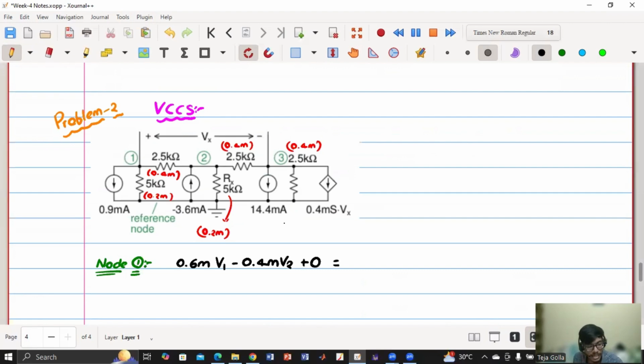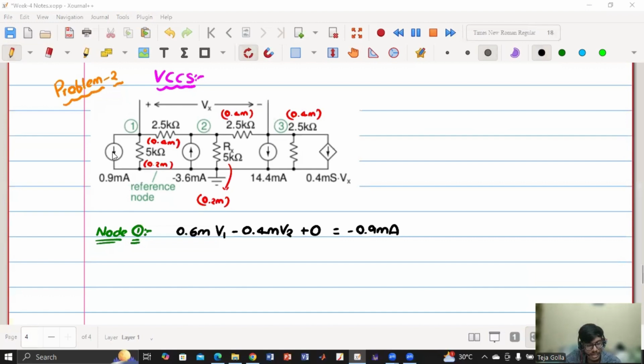How much is the current that is entering node 1? Minus 0.9. Yes, it is minus 0.9 milliampere. You are right, but there is a minus sign because this is current leaving and we are talking about current entering. So node 1 is fine.